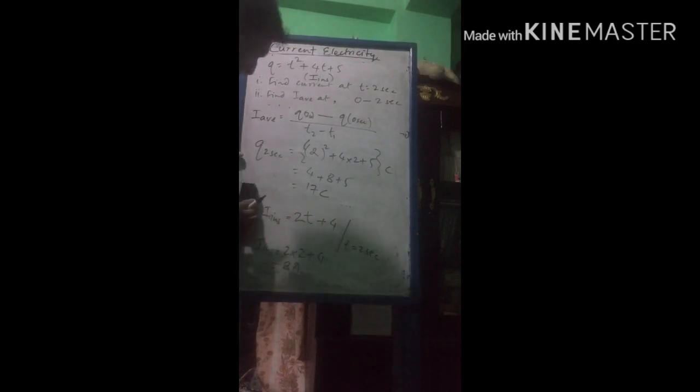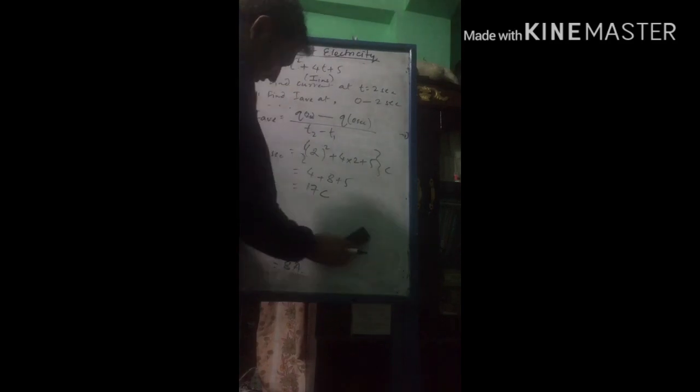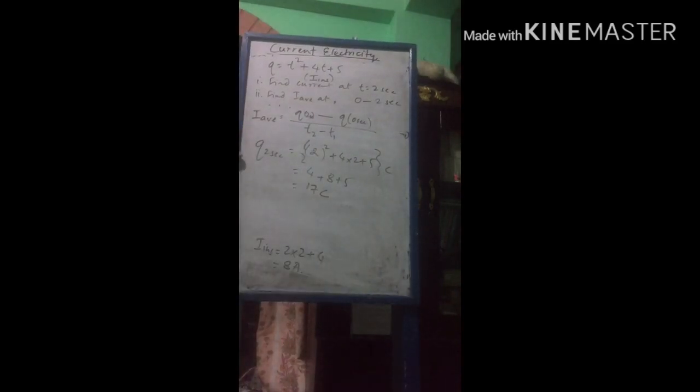Now, we have got the instantaneous current, 8 ampere. Now what will be the charge in 0 seconds?